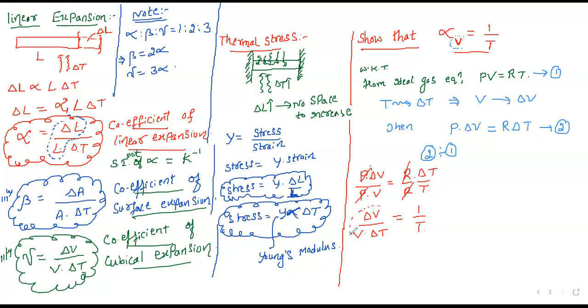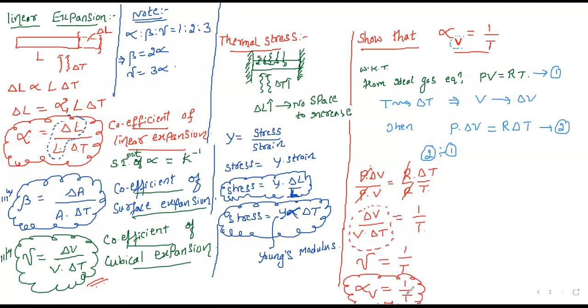Students, what is delta V divided by V into delta T? Look at this. It is the coefficient of cubical expansion, which is denoted with gamma and is equal to 1 by T. But in the data, instead of using gamma, they use alpha V. So gamma can be replaced by alpha V, which is equal to 1 by T. So what is the formula for the coefficient of volume expansion?